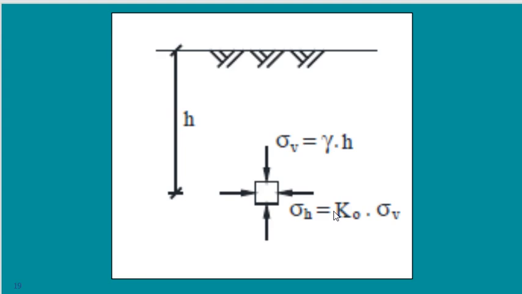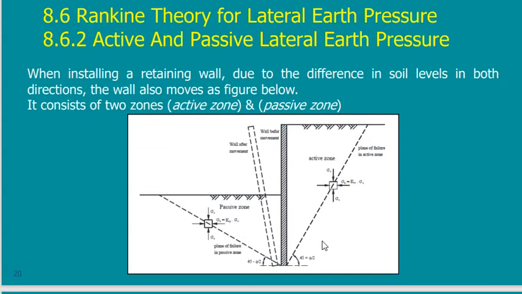A constant for the active case and a constant for the passive case, because of course the percentage of the vertical load that will be horizontal will change according to the direction of motion. If I take this square here, any small block here will be affected by K active multiplied by sigma vertical. On the opposite side, it will be K passive by sigma vertical.